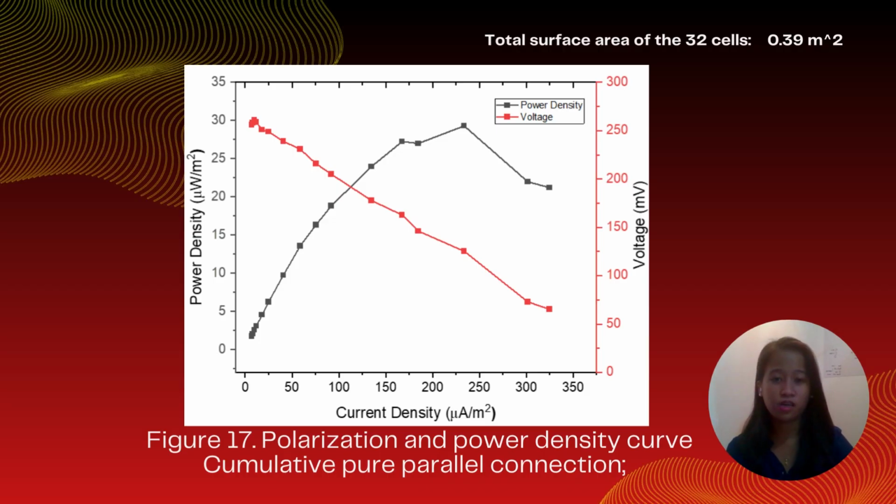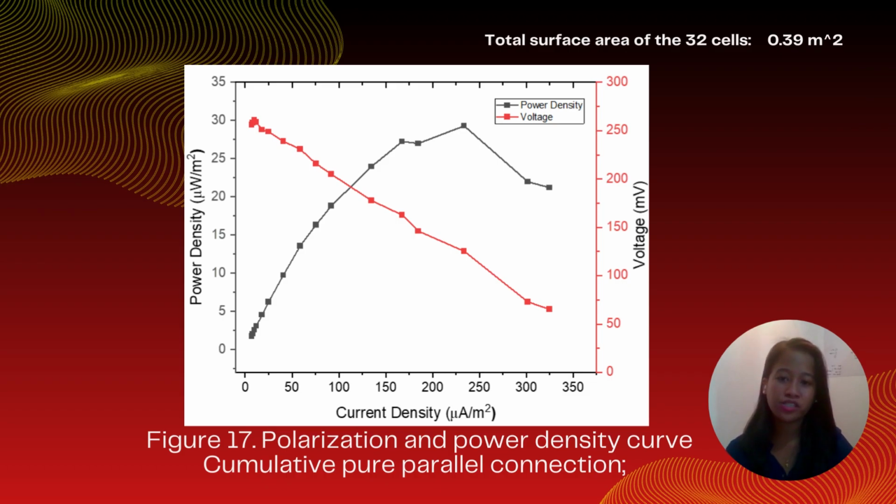The efficiency of an MFC system can be characterized by the whole cell polarization measurements, where the cell voltage is plotted against the generated current density at a given external resistance in order to obtain the maximum power density.